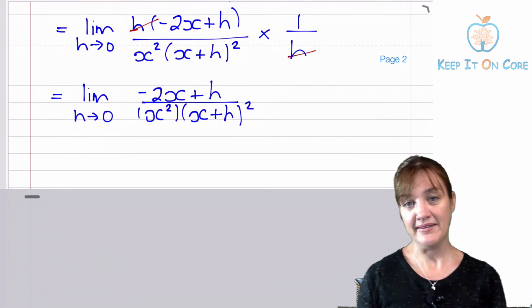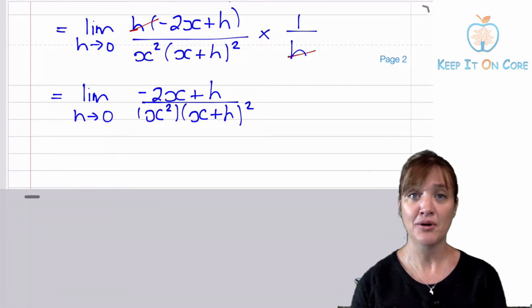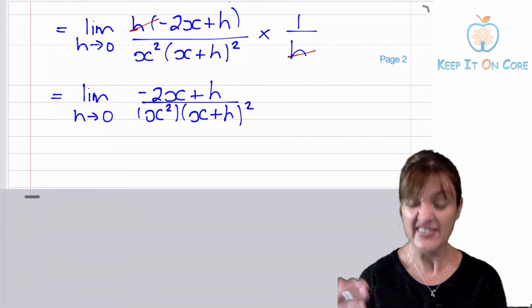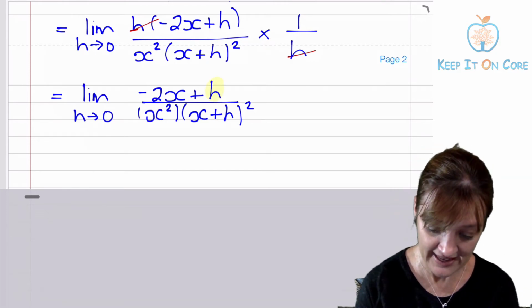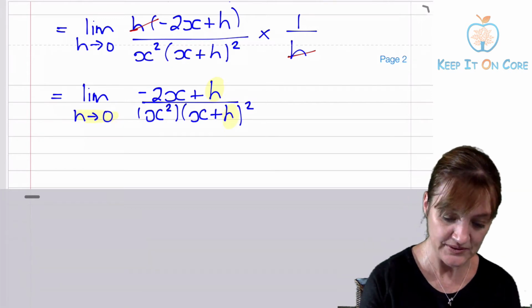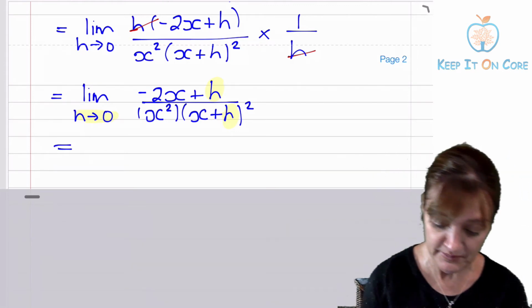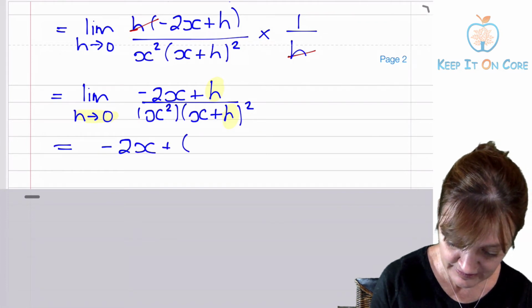At this point, if I substituted h with 0, it's not going to be a problem because it's not going to land up making the denominator 0. So at this stage, do it. Substitute. So everywhere there's an h, substitute your limit where h was tending towards 0. Which means I'm going to write equals, and I'm not going to write limits anymore. I'm just going to plug in the limit of 0.